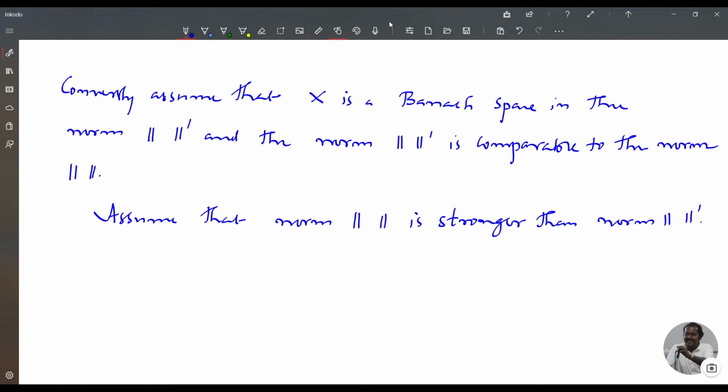Therefore, there exists alpha positive such that norm dash of x is less than or equal to alpha times norm of x for all x in X. This is by 5.7.